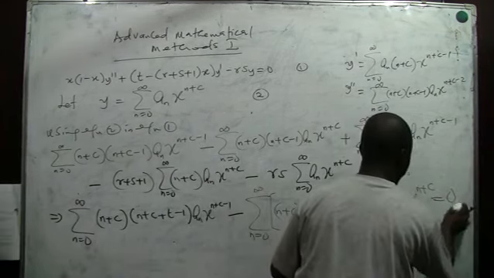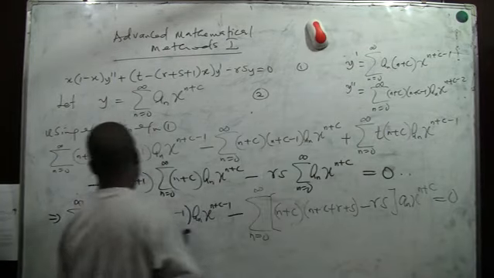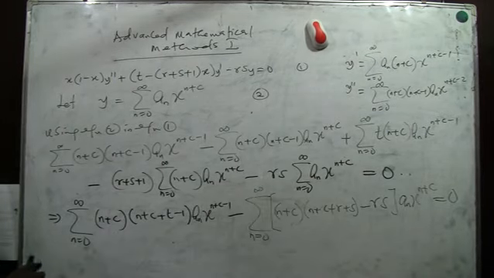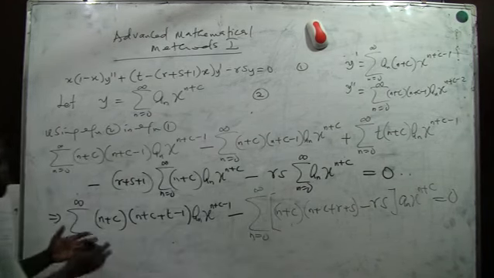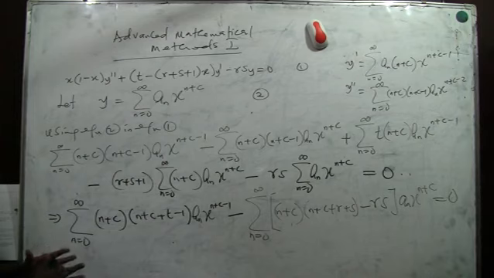Everything equals 0. So we have been able to write the two powers in compact form.